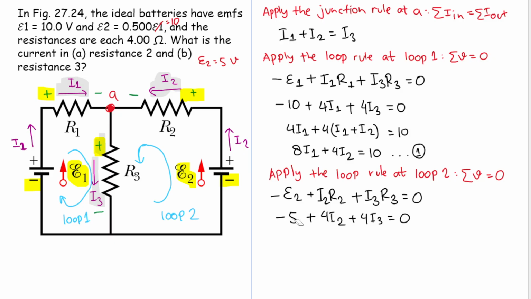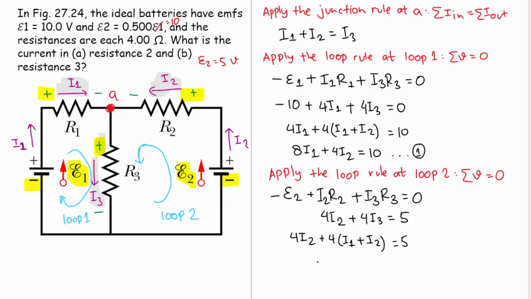Maybe let's move this minus 5 here to the right-hand side. So I will have 5 here, like this. Good. But then we will have I3 is equal to I1 plus I2. We will have 4I2 plus 4I1 plus I2. Okay, and then we will have 5 here.